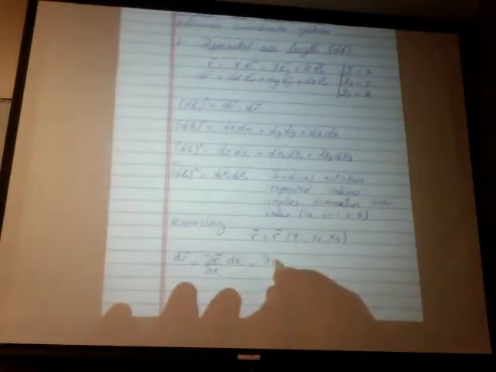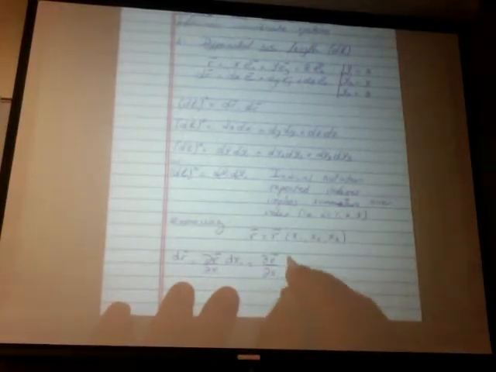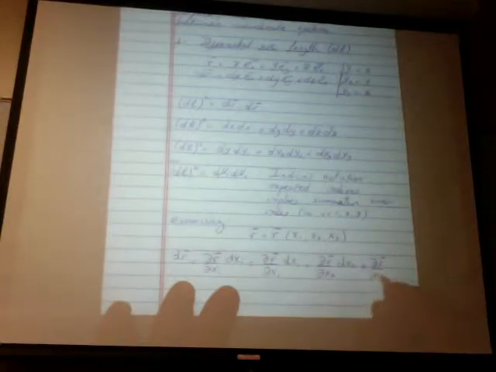Notice a repeated index in the same expression, i. That implies, again, I'm going to write it explicitly, but this already implies that this is dr dx1 dx1 plus dr dx2 dx2 plus dr dx3 dx3.